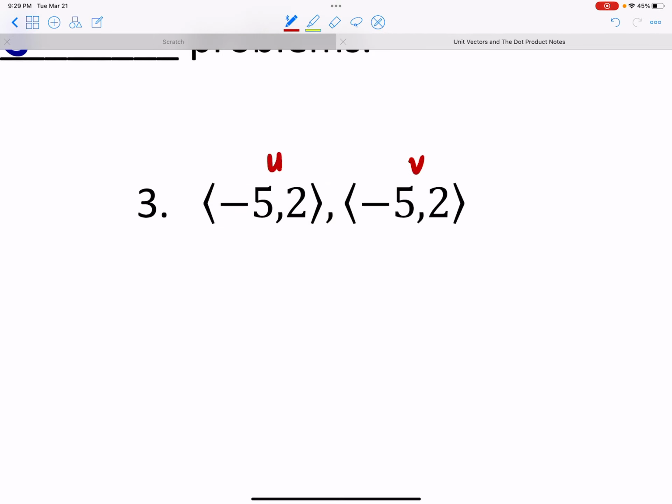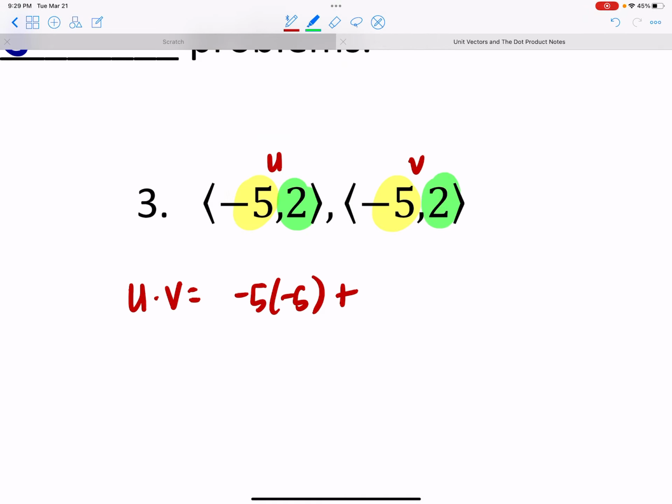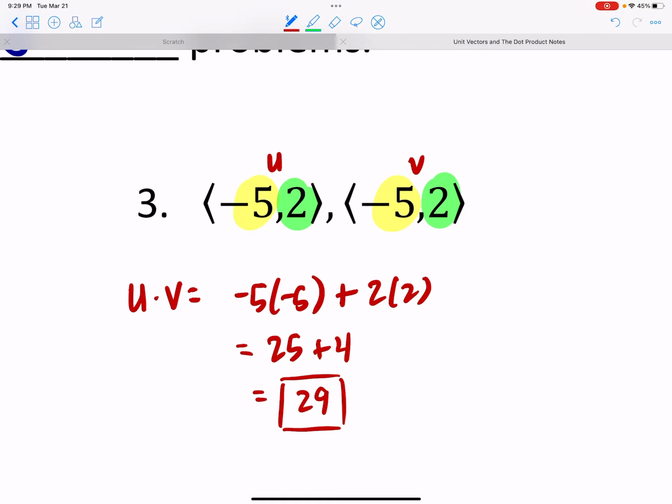So again, I'm going to call this u and v. So u dot v is going to be negative 5 multiplied by negative 5, plus we're going to multiply the 2 and the 2. And so we have a positive 25 and a positive 4, which makes our dot product here have a scalar real number value of 29.